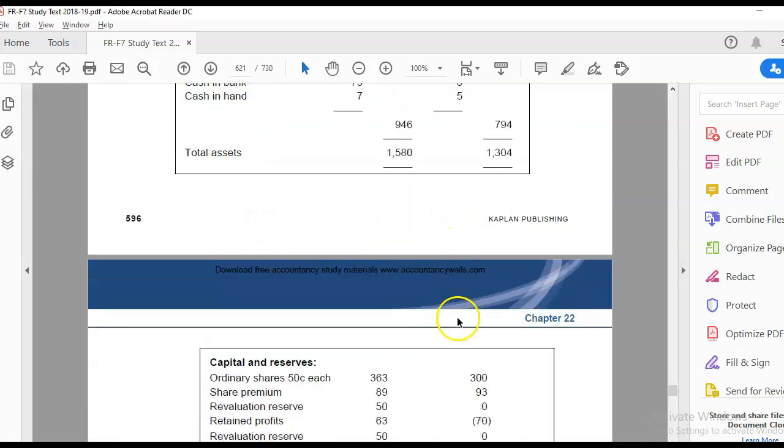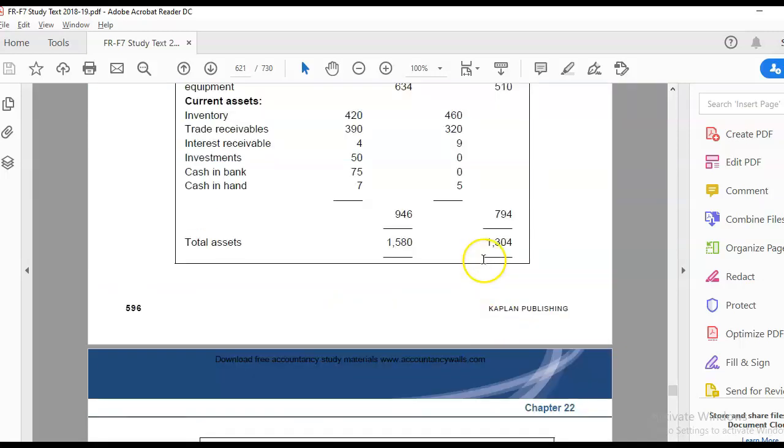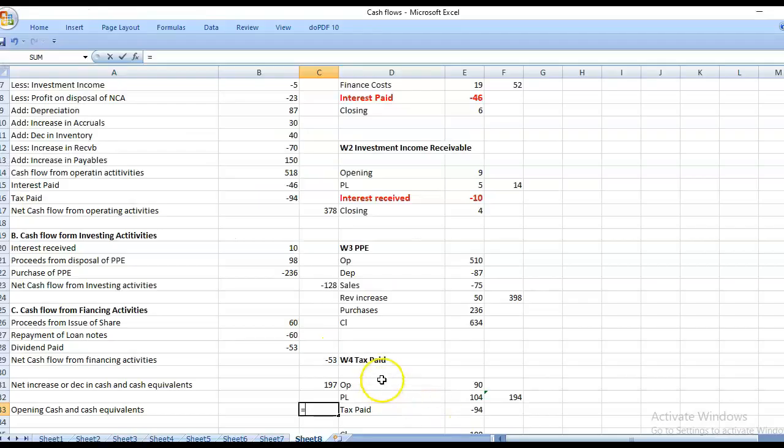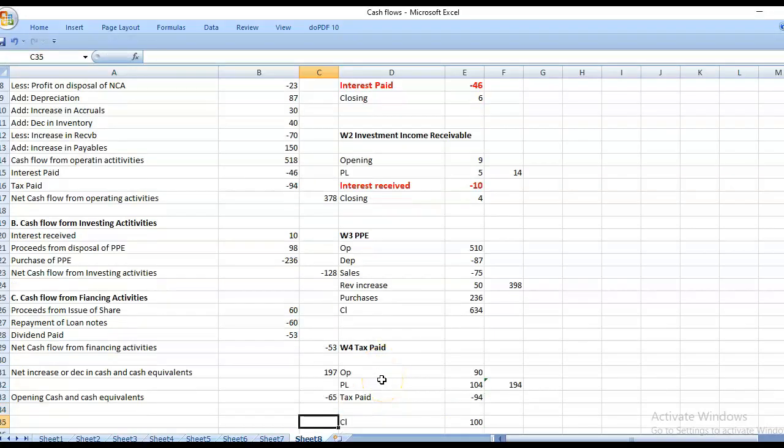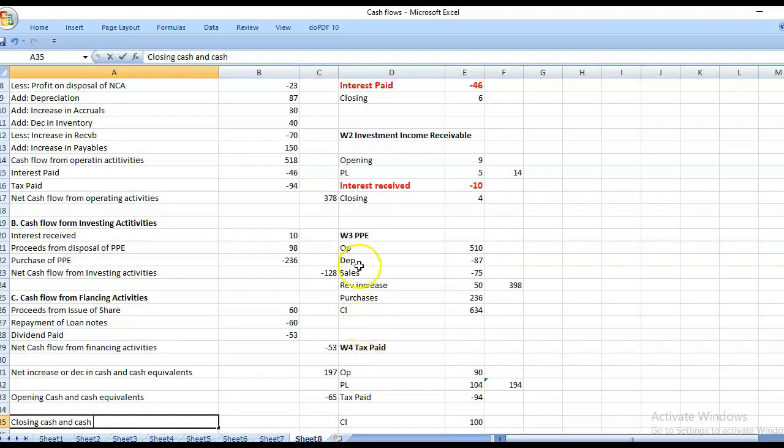So 5 and a negative 70. So that's a negative 65. Okay, negative 65, and closing cash and cash equivalents should match this.